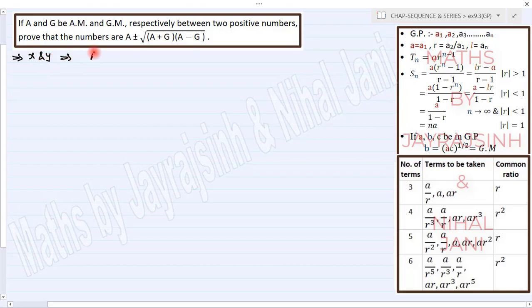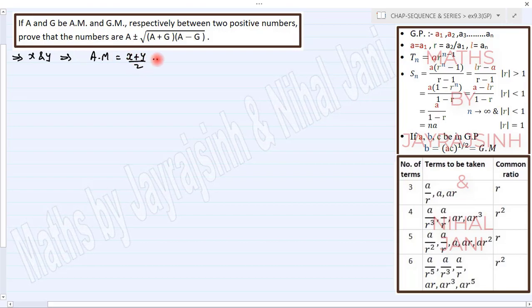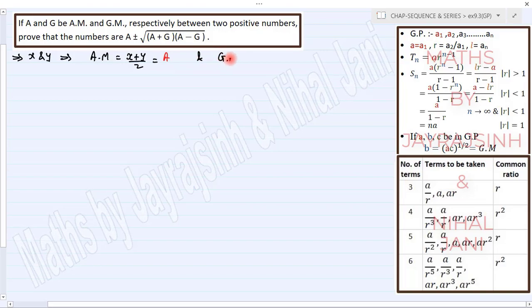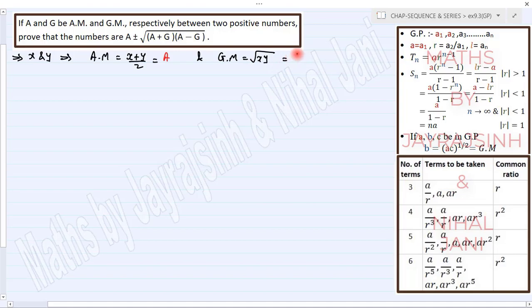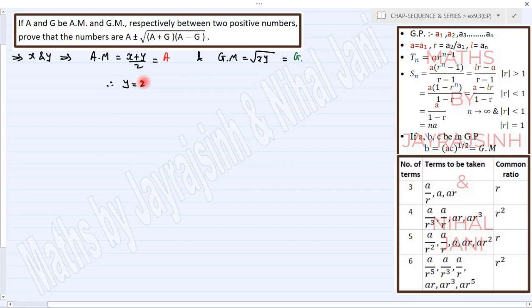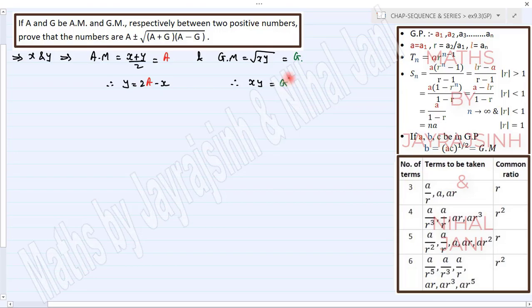So their arithmetical mean, which is (x plus y) by 2, will be A, and the geometric mean, root of xy, is G. Here we can make y the subject, and it will be equal to 2 times A minus x, and squaring both sides, we get xy is equal to G square.